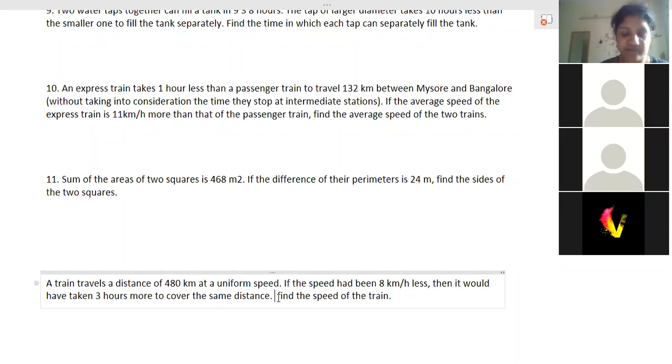Done. You got the equation first? The quadratic equation? Yes, ma'am. What's the quadratic equation you got? 3x square minus 24x minus 3840. Divide that with 3. Okay, ma'am. You'll get x square minus 8x minus 1280.